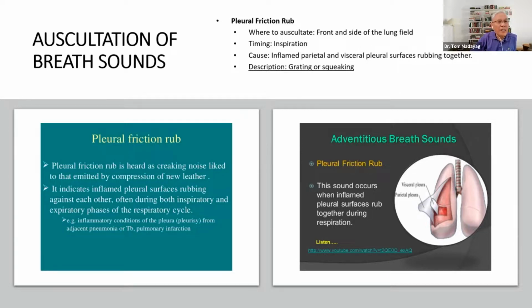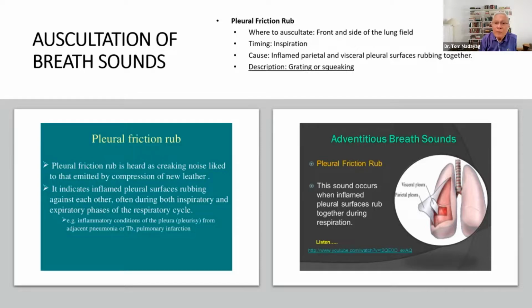The other kind of discontinuous sound is what is known as a pleural friction rub. So what is a pleural friction rub? A pleural friction rub is a loud grating sound. And this is usually heard over the lower lung lobes when there's an inflammation of the pleura, rubbing together.